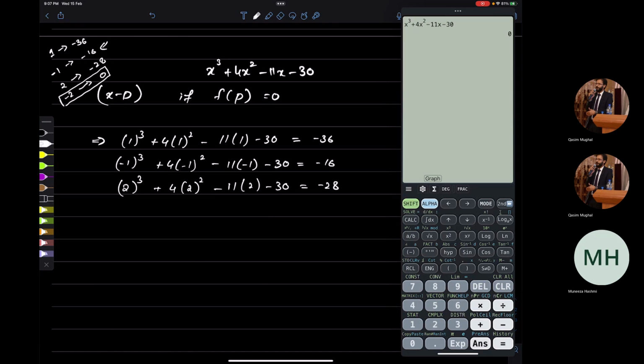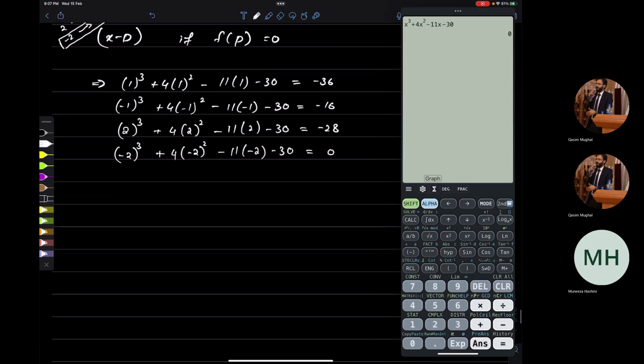I've already worked that out. That's negative 28. Now I'm going to plug in negative 2: negative 2 cubed plus 4 times negative 2 squared minus 11 times negative 2 minus 30. And this is giving me 0.